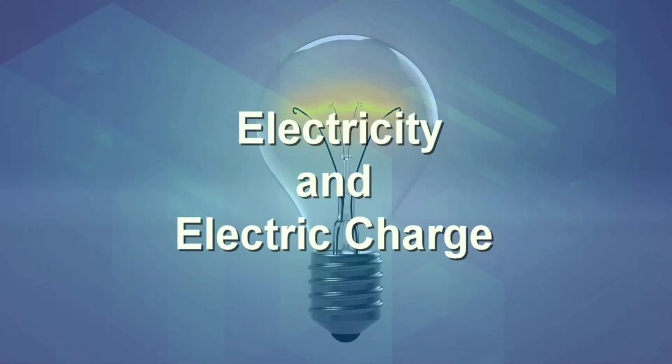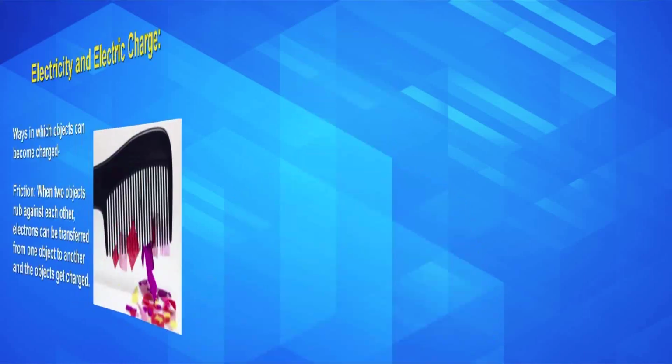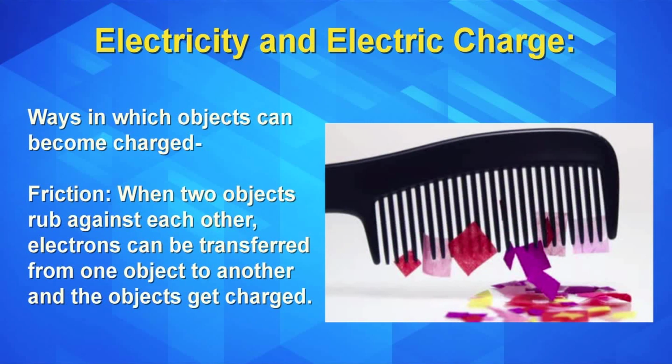Now let us move to the next topic, that is electricity and electric charge. When there is an imbalance of electrons and protons in an object, it becomes electrically charged. There are a few ways in which objects can become charged. So the first one is friction. When two objects rub against each other, electrons can be transferred from one object to another.